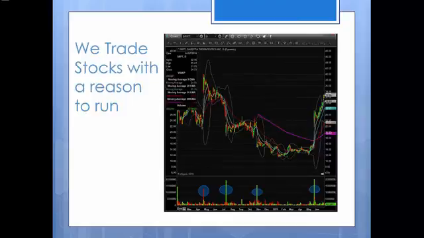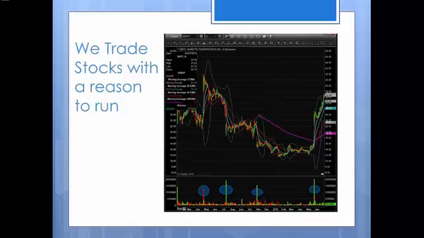We trade stocks with a reason to run. And look at this chart here with those 4 volume bars highlighted. Those are 4 days that this stock was experiencing above average volume. Tons of volume. And those days coincide with gaps on the daily chart. Okay, there was a reason this stock was in play.